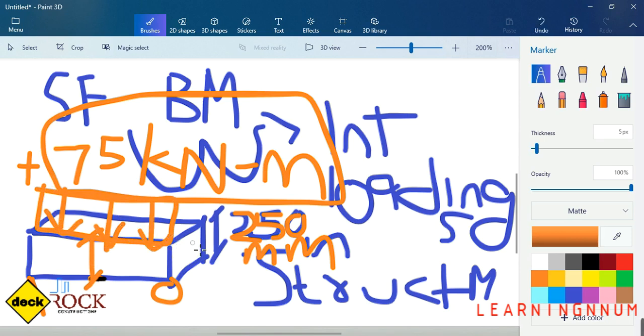What I will do as a designer or structural engineer is increase the depth. That is the first case, although there are other cases. As of now, say I will increase the depth, that is, the depth would be greater than 250 millimeters in this case.